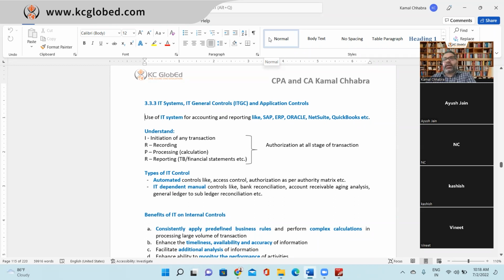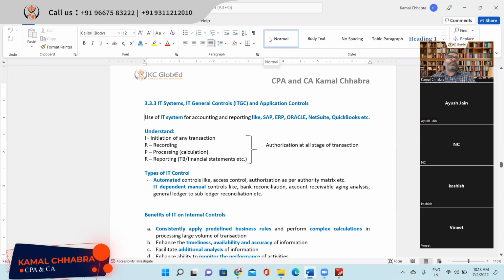So initiation of any transaction: in the last class we discussed in detail the purchase to payable process, right? In that we discussed that initiation starts with the purchase requisition. Here what we as an auditor need to understand is what are the control points and control checks, who is approving or authorizing the respective transaction at the respective stage. So initiation of purchase requisition is the starting point, and then it moves to the purchase order, and after that it starts the recording section when you record the purchase order.